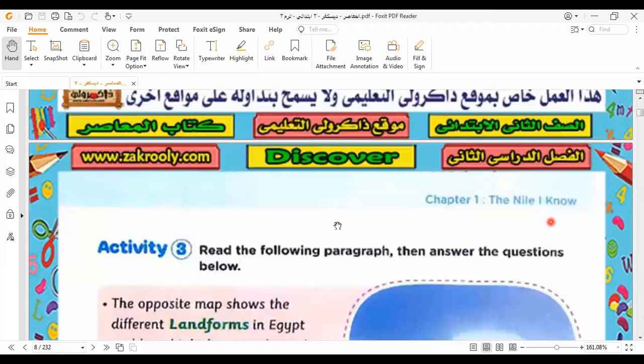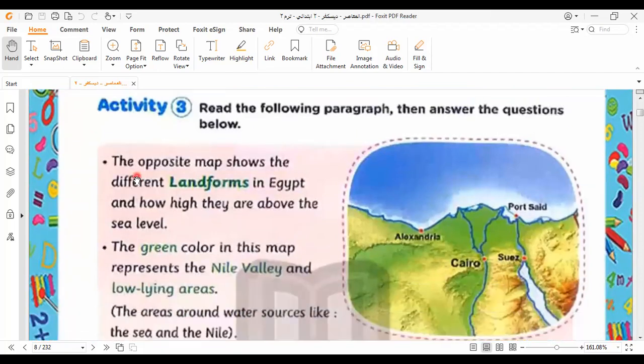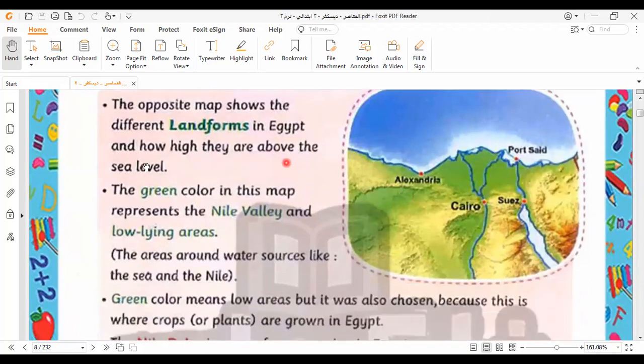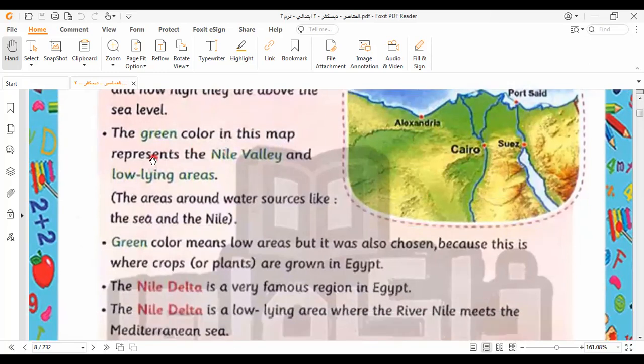Okay. Read the following paragraph, then answer the question. The opposite map shows the different landforms in Egypt, and how high they are above the sea level. High, in Arabic, ارتفاع. The green color in the map represents the Nile Valley.